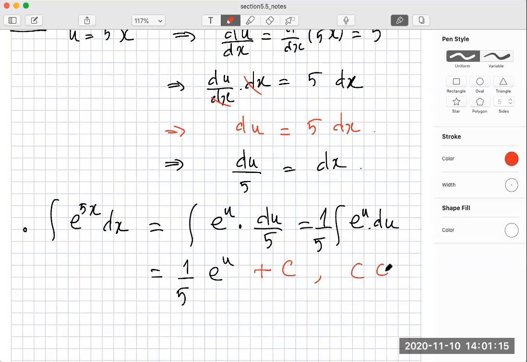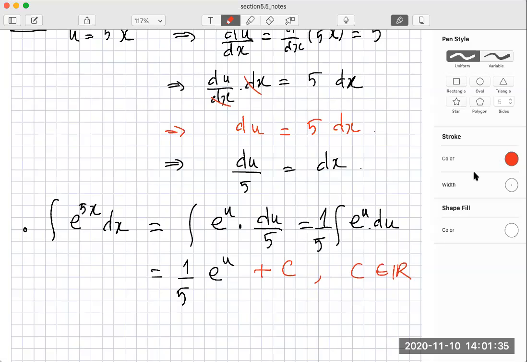Where that constant is a number in the real line, or we can write it in a notation like this. That's it? Or do we need more? Yeah, you have to put 5x back in. Very good. That is what I was about to ask.